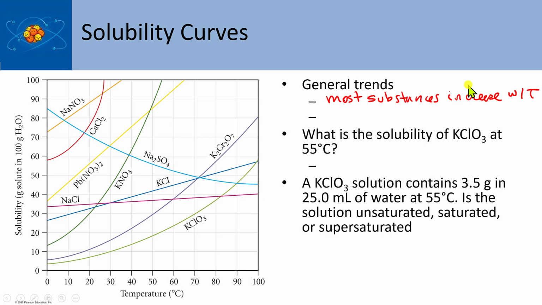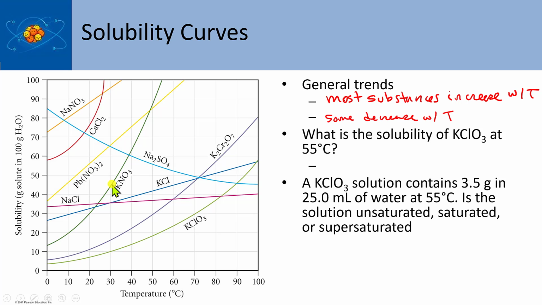So most substances increase with temperature, and some, not all, decrease, but by far most of them increase. This is true for both ionic and covalent compounds, and it also depends on the solvent, so this kind of behavior would be different in a different solvent.